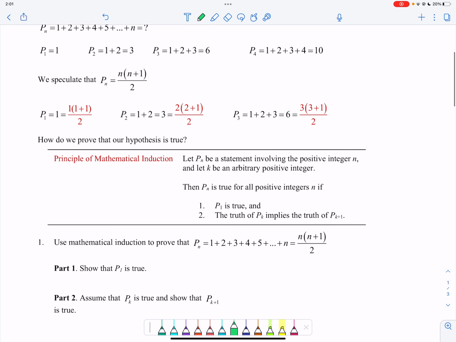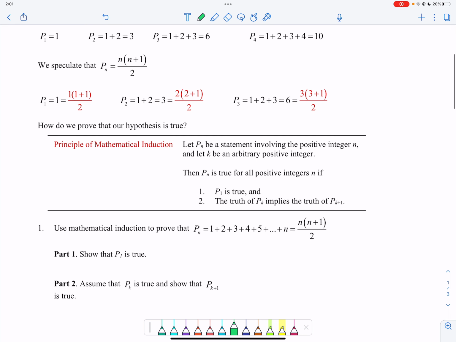So how do we prove that our hypothesis is true? We use the principle of mathematical induction. So we'll let P sub n be a statement involving the positive integer n, and let k be an arbitrary positive integer.